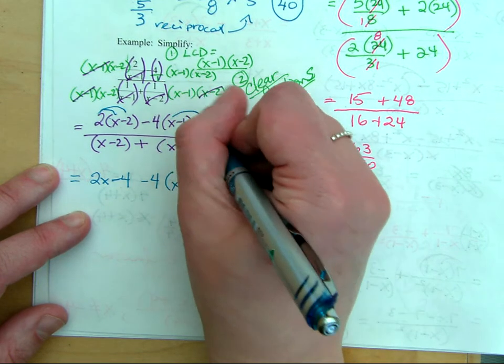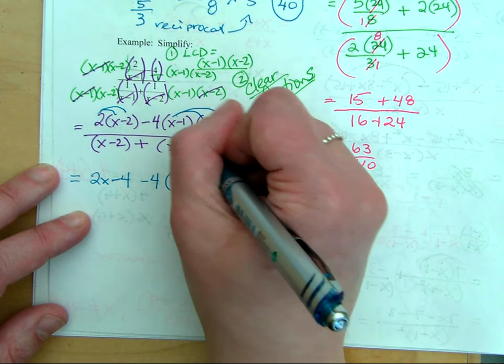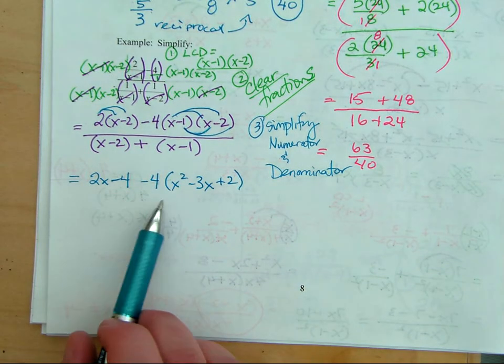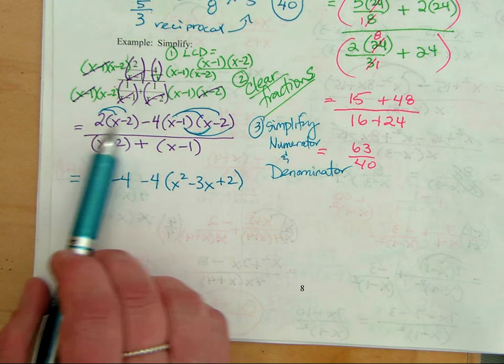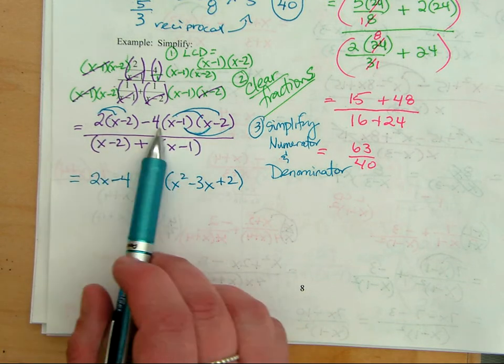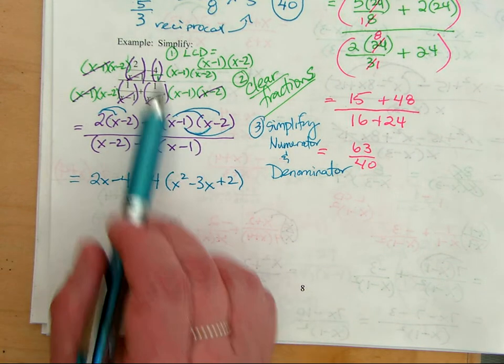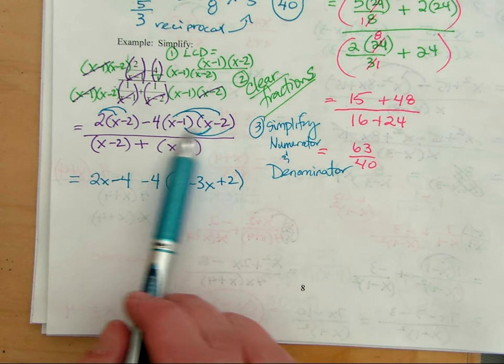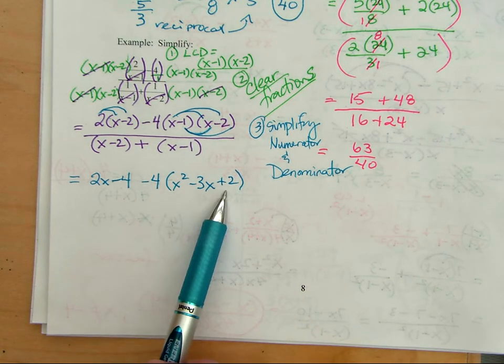So I FOILed that, by the way. I haven't added anything. I've only just multiplied. I'm distributing here, and then I'm distributing here because I'm subtracting the 4 times that whole binomial, or binomial times a binomial, right? So I FOILed that out.